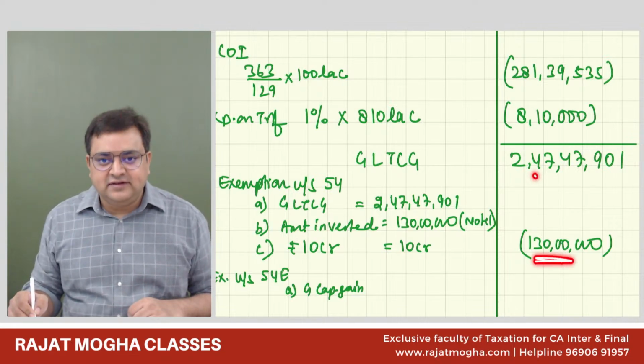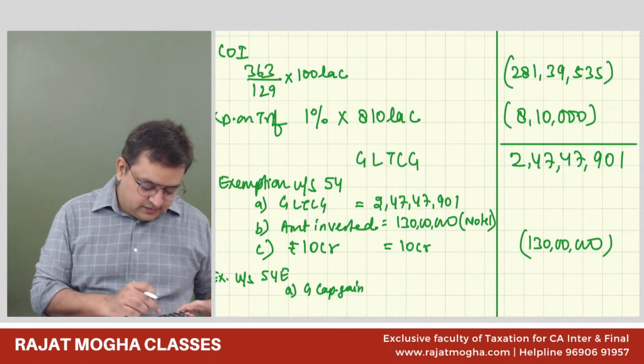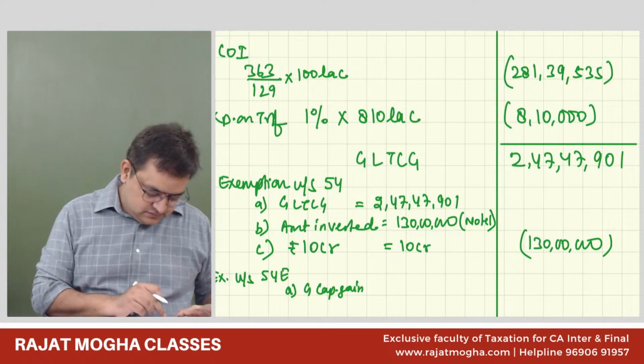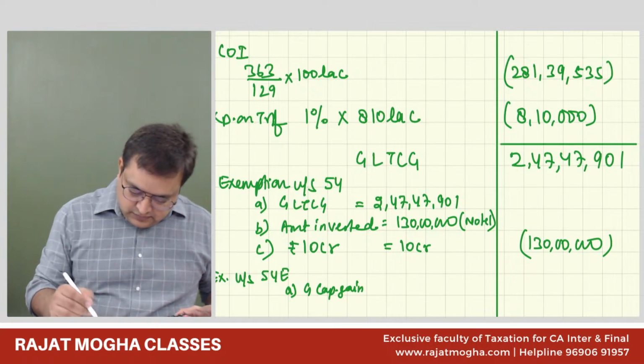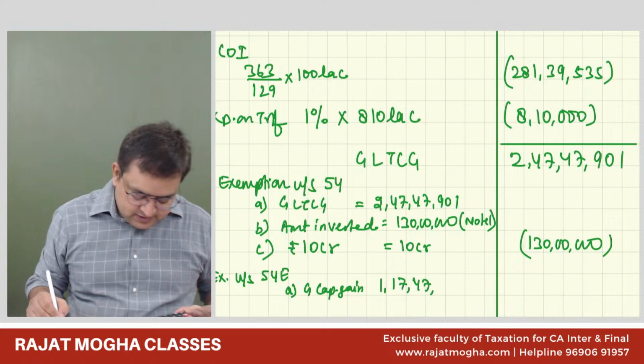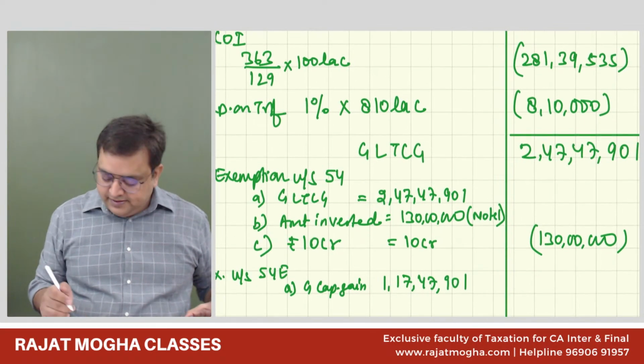We have already taken this exemption. So here the capital gain will become 1 crore 17 lakh 47,901 gross capital gain.